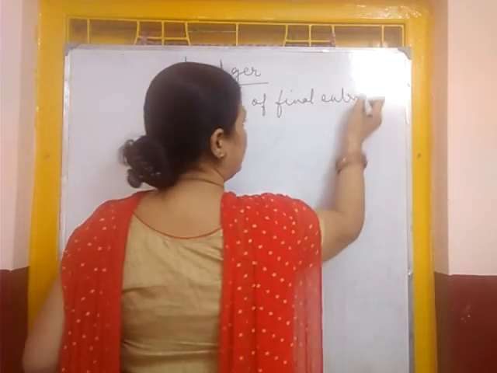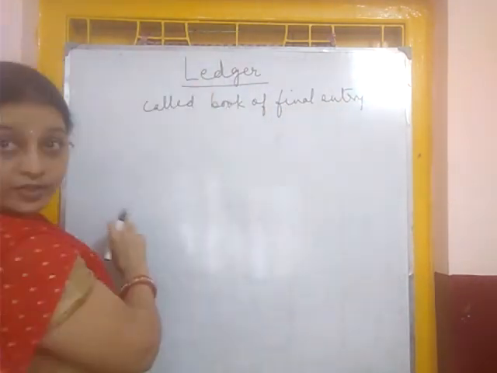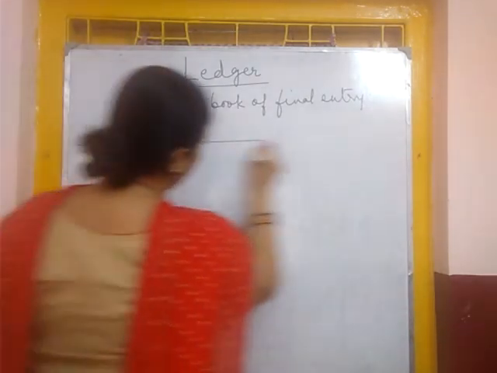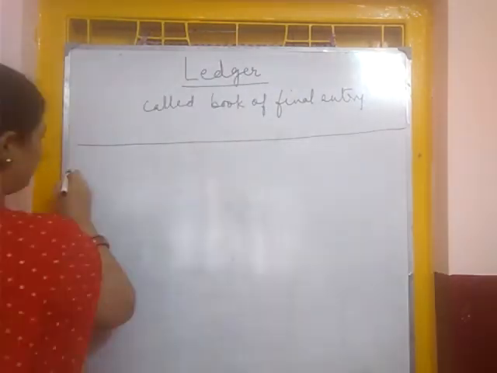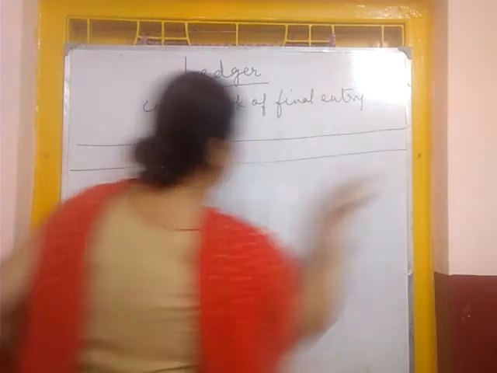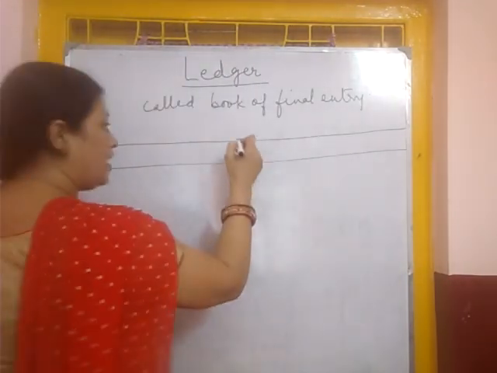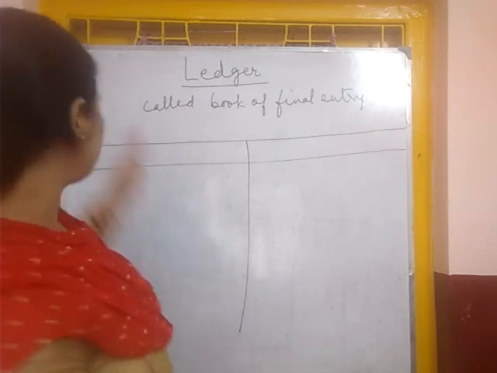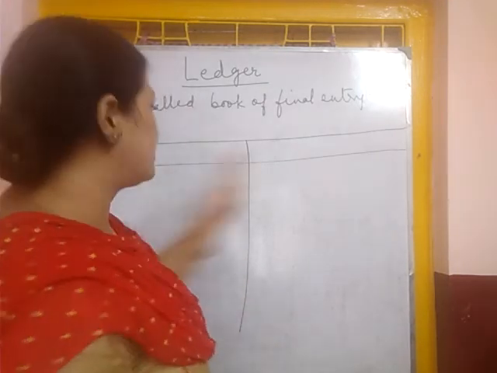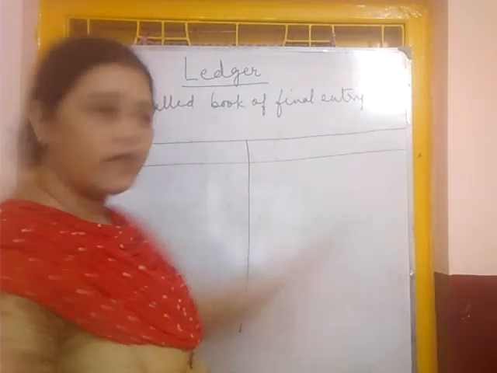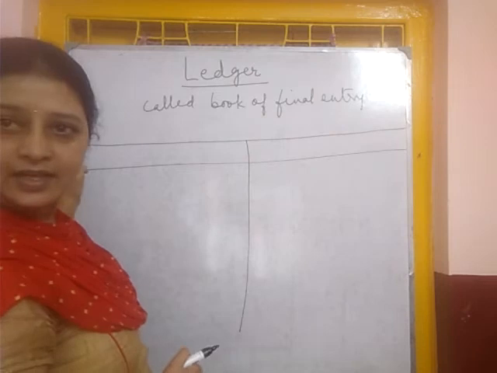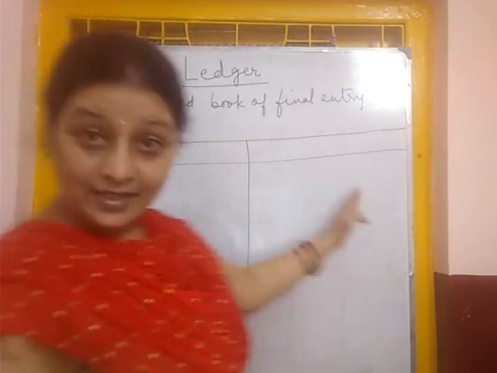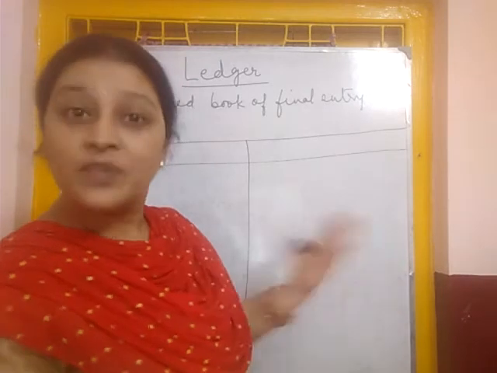This is very important. Now, in ledger, you will see that ledger is always prepared in a T format. Which format? T format. Okay? See, it has how many sides? Two sides. This is the left hand side and this is the right hand side. This left hand side is denoted as debit side, whereas this right hand side is denoted as credit side.